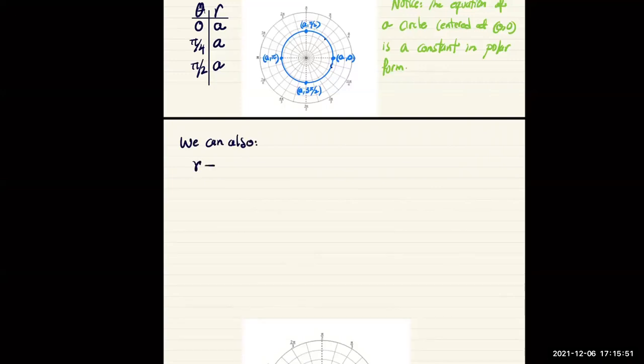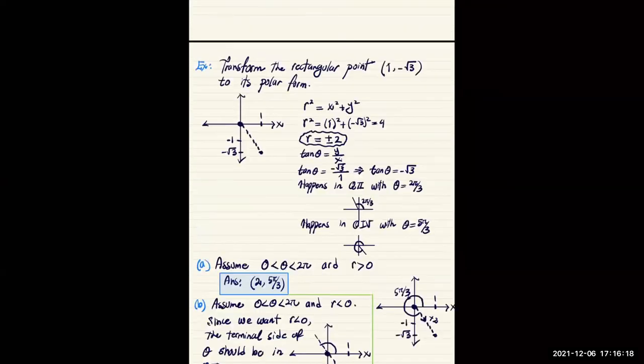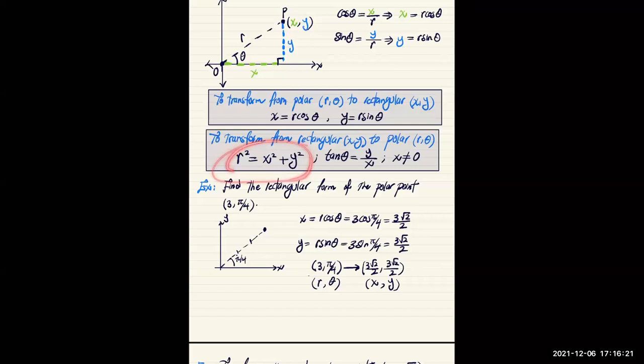If you have r equal to a, this is our polar equation. You want to transform this to a rectangular equation so that you can identify it. What you do is just square the left-hand side and square the right-hand side. You get r squared equal to a squared. Look at your transformation rules right there. This tells you what r squared is equal to. It's x squared plus y squared.